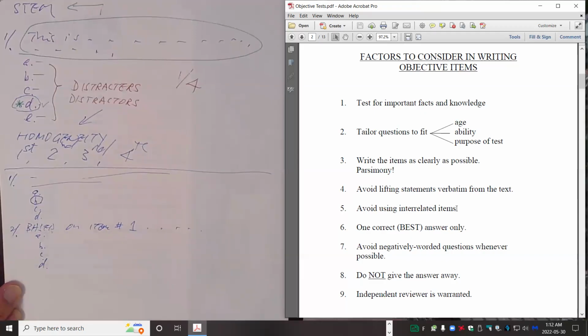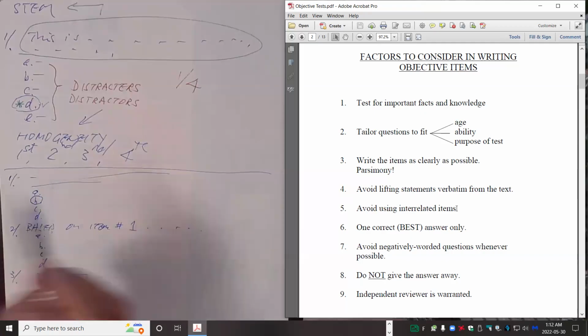So the two items are interrelated, sometimes three. Based on this, the three items are interrelated, so the examinee would be penalized 3 times if the examinee gets this one incorrect. That type of thing.